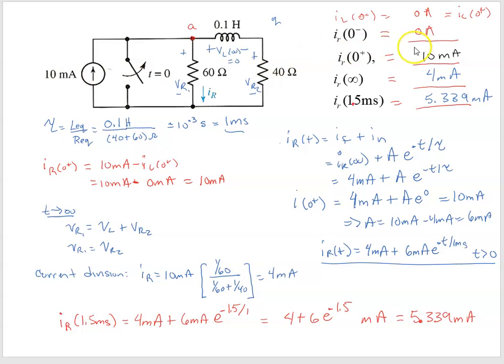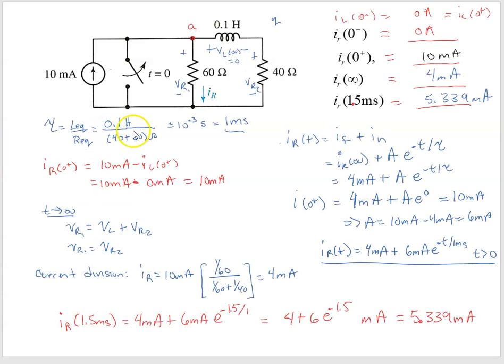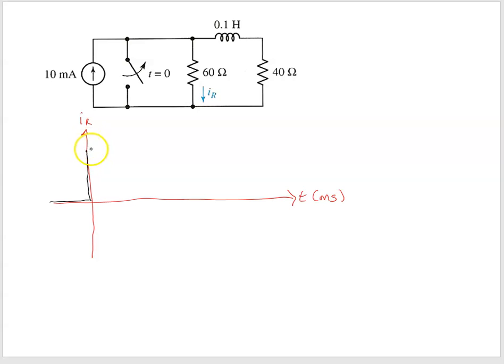Well, it was 0, jumped up to 10, and then it came down as time approached infinity. I think it was 4. So it was 4.